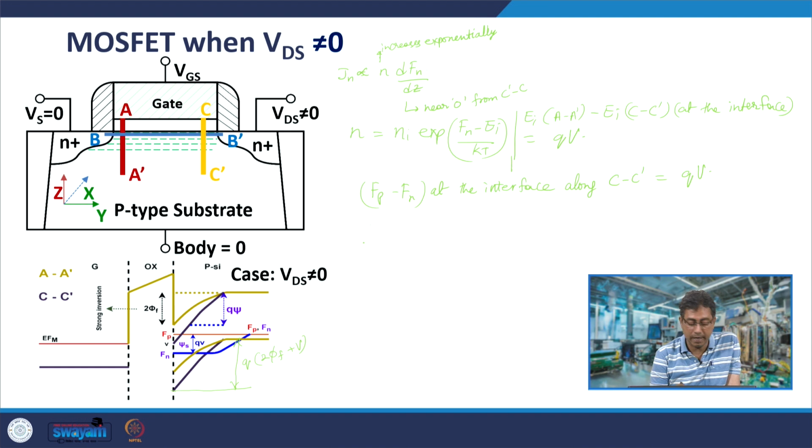So, what would be the carrier concentration at the interface? So, let us try to estimate hole concentration.